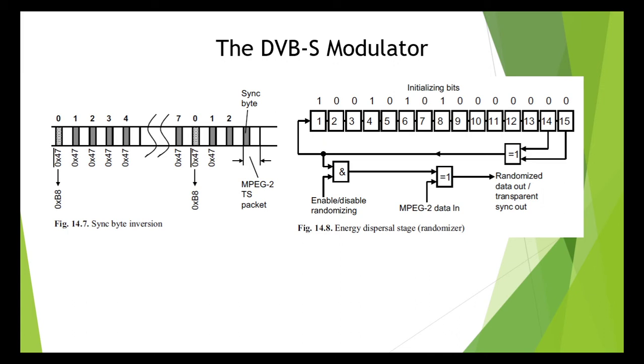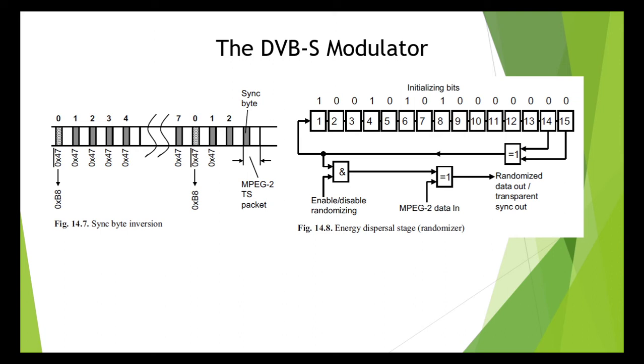In DVB-S, the starting and resetting takes place whenever a sync byte is inverted. The data stream is then mixed with the PRBS by means of an exclusive OR function, XOR, which breaks up long sequences of ones and zeros.